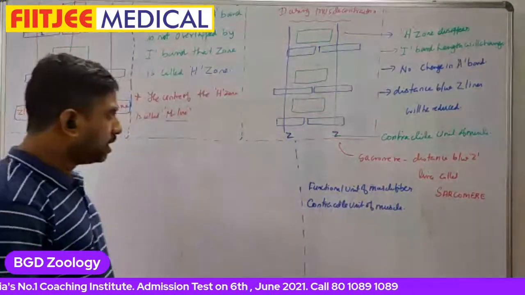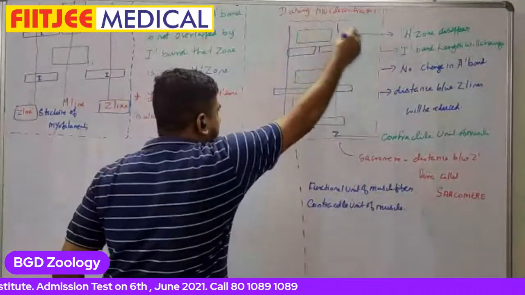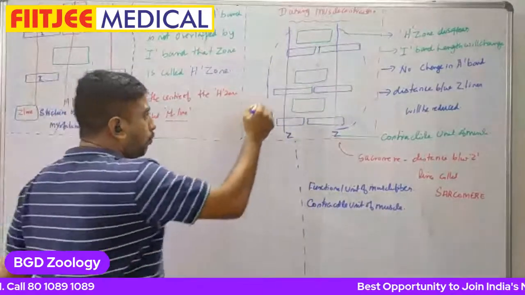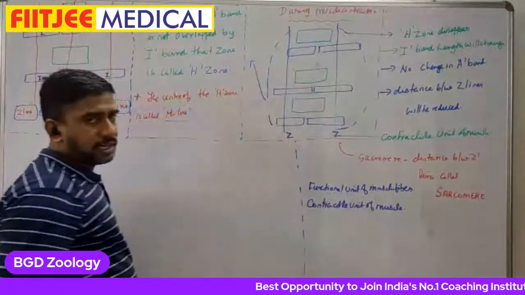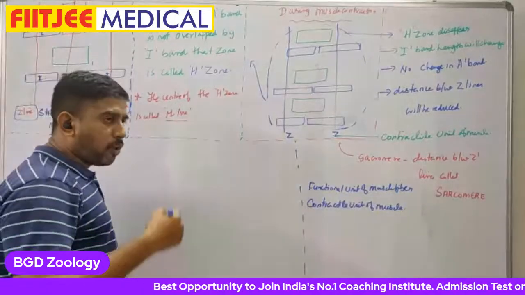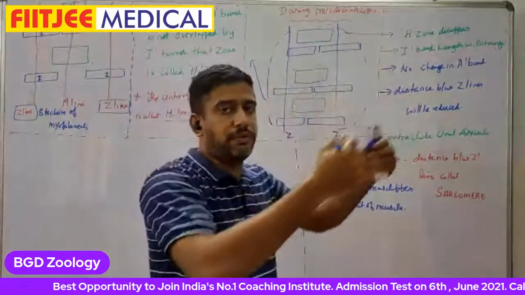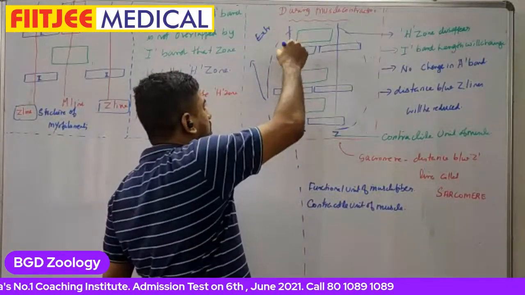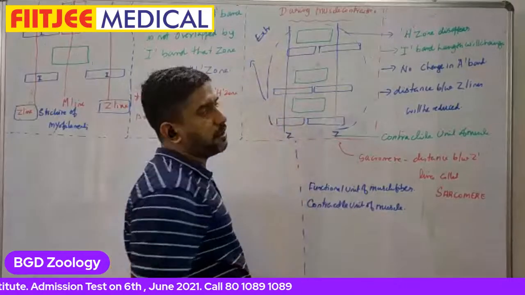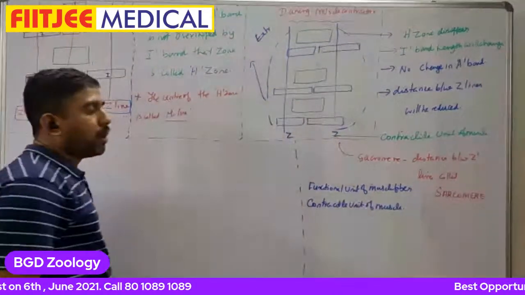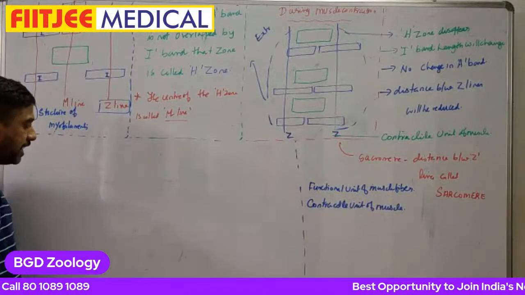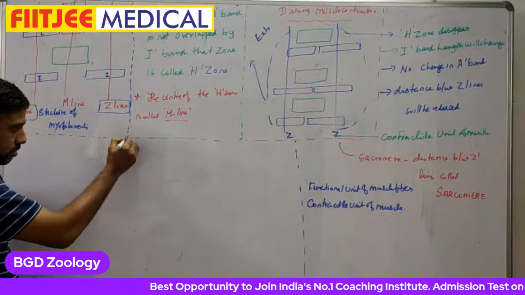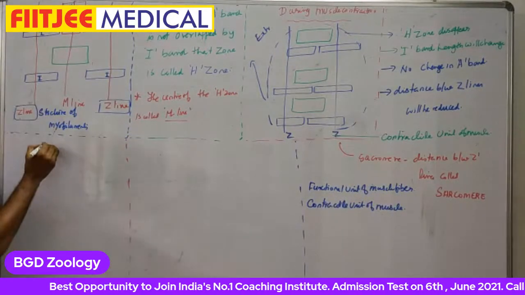So this contractile unit, the sarcomere unit, if you want to give the force of the contraction to the extracellular region, or outside this muscle fiber, we require a protein, and that protein is called dystrophin.